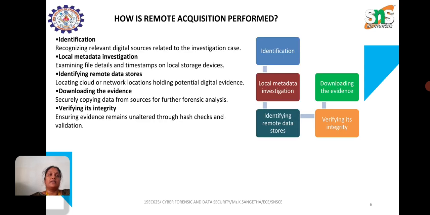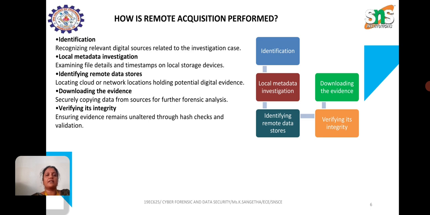So how is it performed? Remote acquisition involves five steps: identification and local metadata investigation, identifying remote data stores, downloading the evidence, and verifying the integrity. The process involves identifying the relevant data sources and investigating the local metadata, that is, where the files are, when the files were created, and when the files were modified.